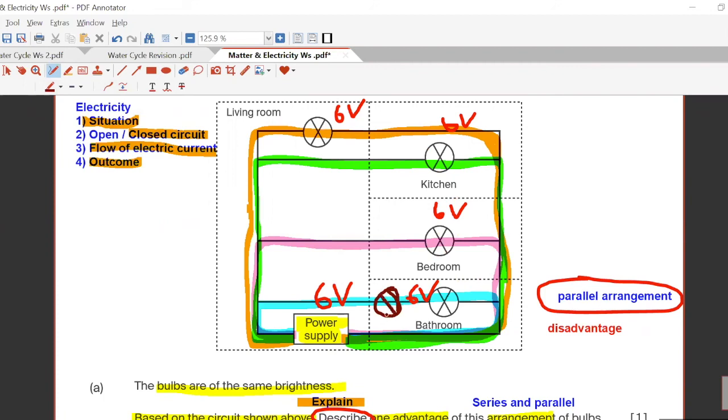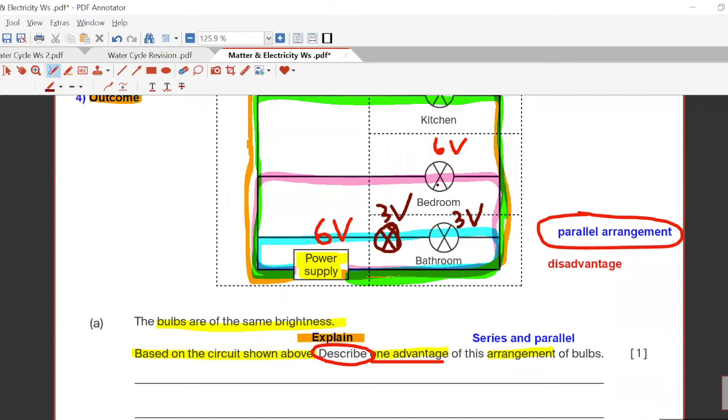In my bathroom, I have 2 bulbs now. So this 6 volts is shared between the two. So it's 3 volts each. Does it make sense to you? But one bad thing about this series arrangement is that it is dimmer as compared to the one in parallel. Because my parallel still has 6 volts, 6 volts, so bright. Now it's dimmer because I'm sharing. But you save electricity and cost.